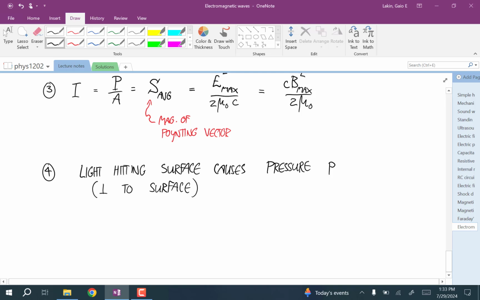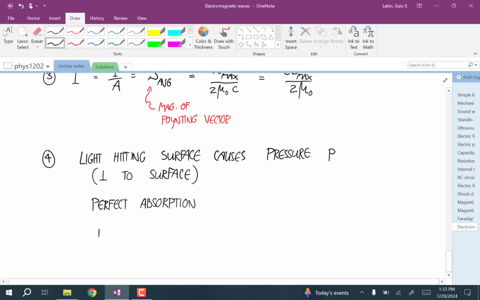So if the surface is a perfect absorber of electromagnetic waves, like think of a matte black surface. So this is perfect absorption. Then the pressure on the surface is equal to the magnitude of that Poynting vector divided by the speed of light.